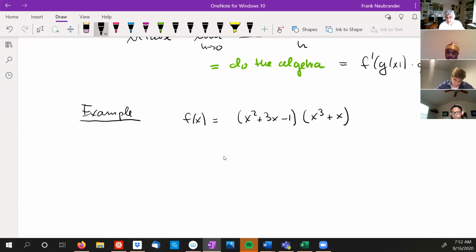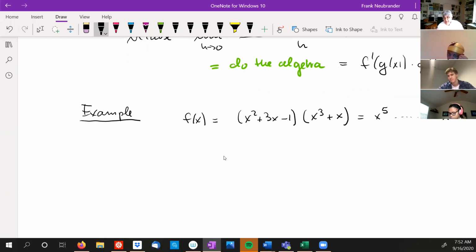So there are now two ways to compute the derivative of this function. One way would be that you multiply everything out. If you multiply everything out, the highest term would be x squared times x cubed, x to the 5, and the lowest term would be minus x.